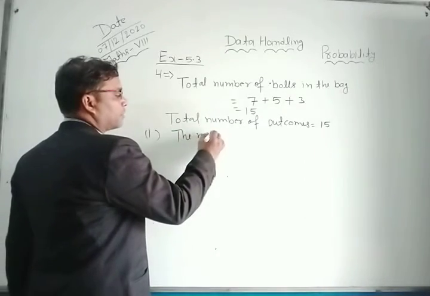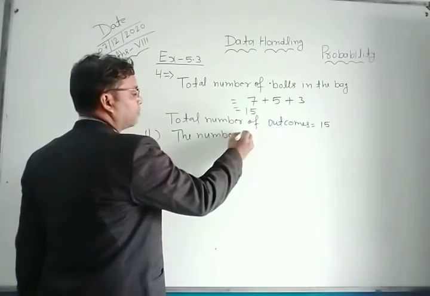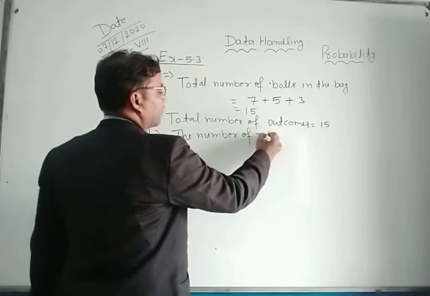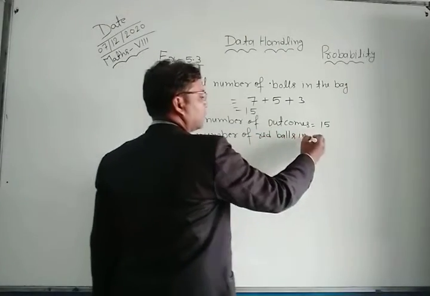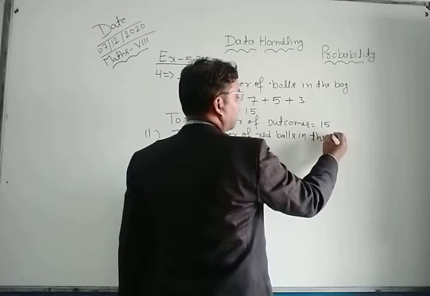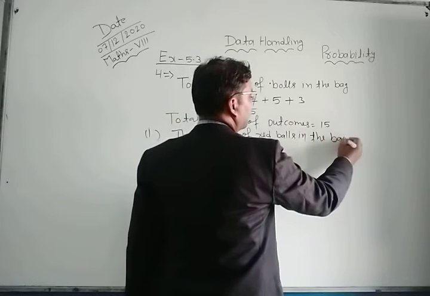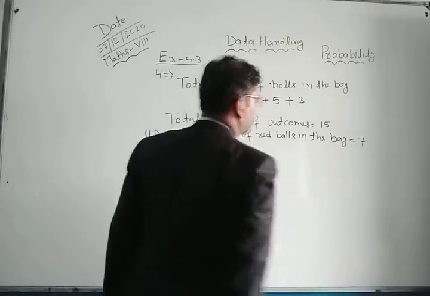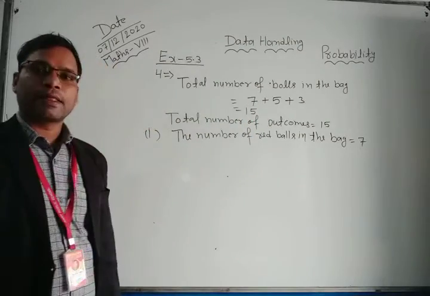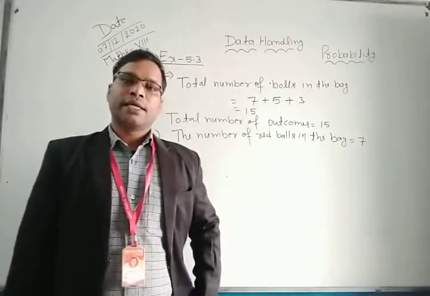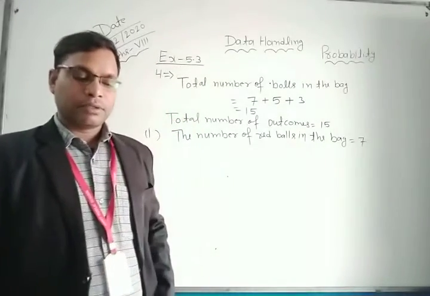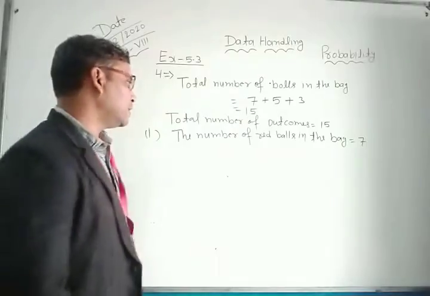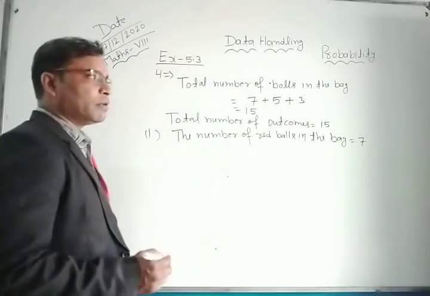In this question, the number of red balls in the bag is 7. This is given. So you can write here the number of favorable outcomes.